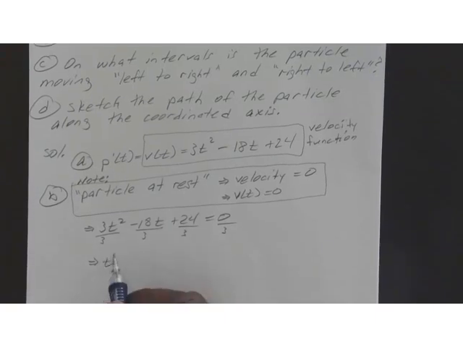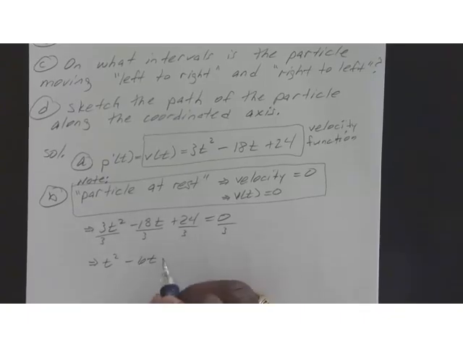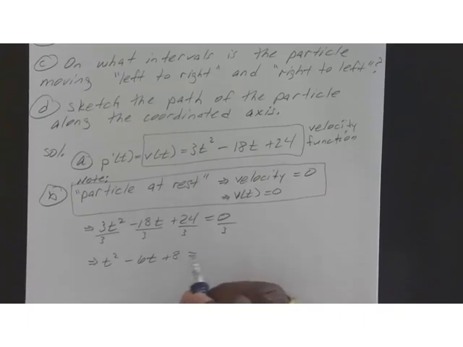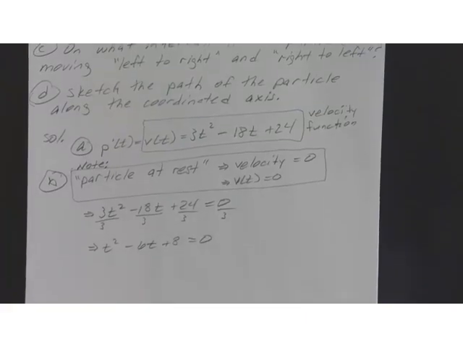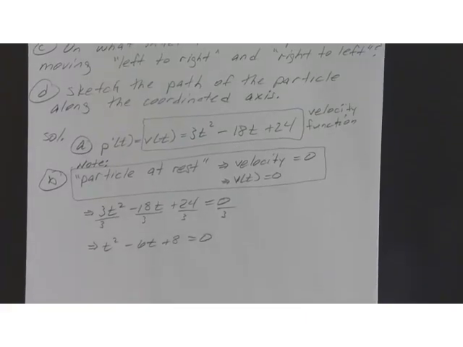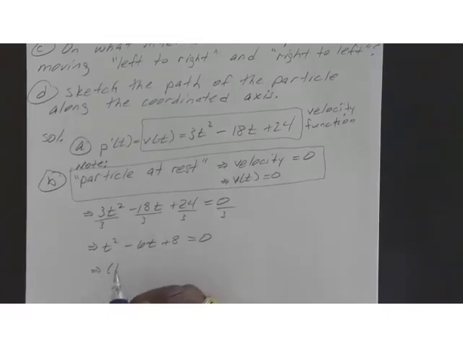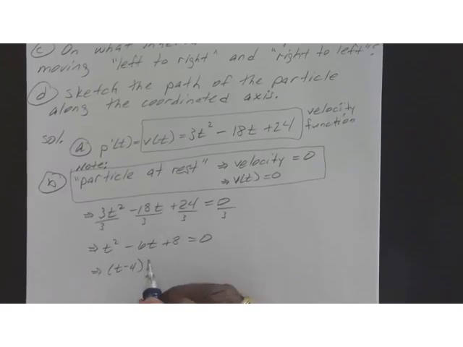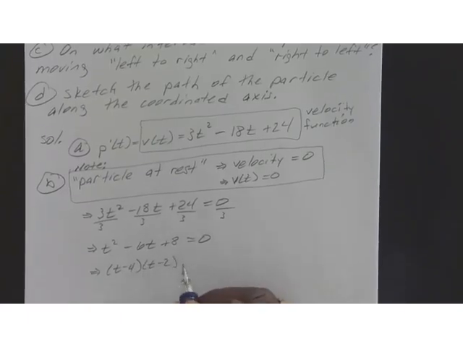So that would give us t squared minus 6t plus 8 is equal to 0. So if we factor that left side, that gives us t minus 4 times t minus 2 is equal to 0.